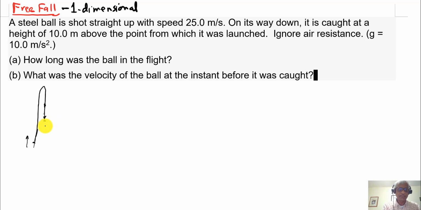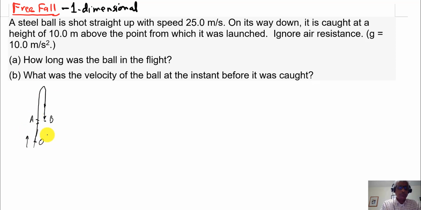Let's call this a starting place O, and there's a point B an instant before the catch, because after you catch the ball, there's more force on the ball, and we want just an instant before it gets caught. Up to that point, it will be under gravity only. Over here is the same height on the way up. That's not in the question, but that could be a question also.